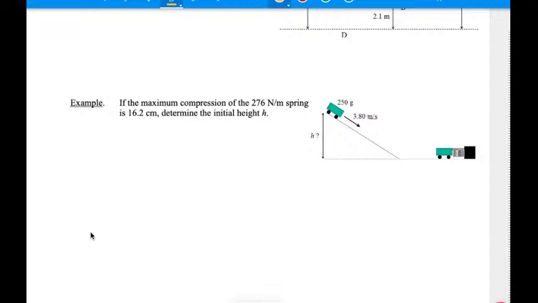It's traveling at 3.8 meters per second, and it's going to compress a spring with 276 newtons per meter.